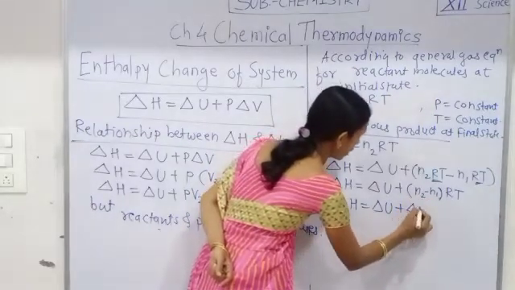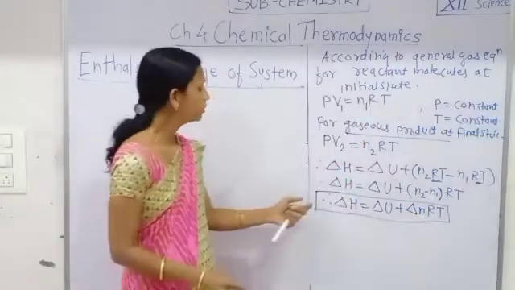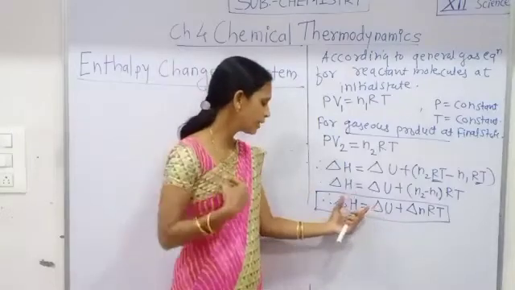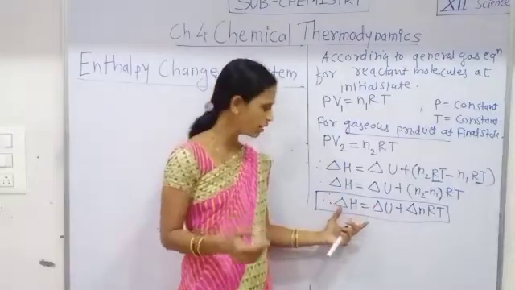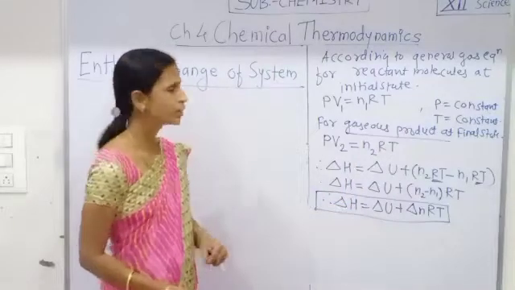Therefore that is written like that, delta N RT. That is one more mathematical expression for the enthalpy change for gaseous types of reactions involved in the system.